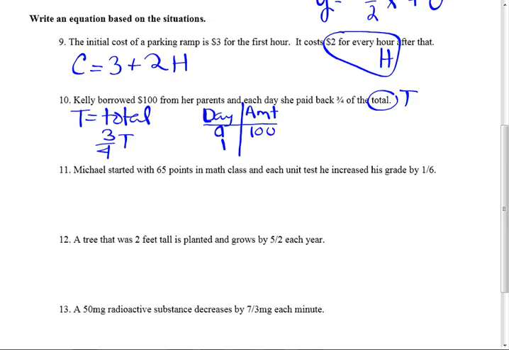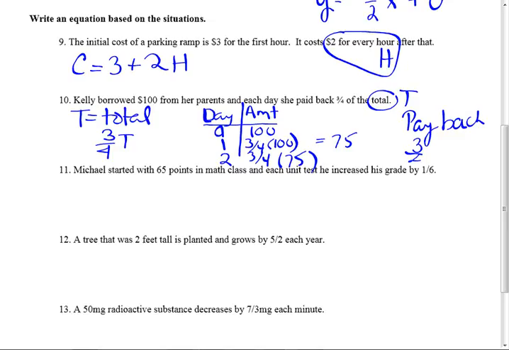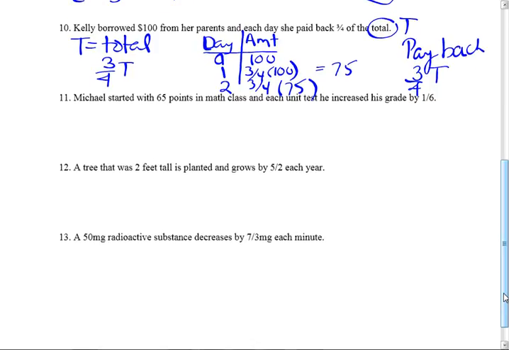Then day 1, she's going to pay back 3/4 of that. What's 3/4 of $100? What's 3/4 of a dollar? Okay, day 2, what's she going to do? 3/4 of the 75. So how about if we just do the payback, because this is not linear. Well, it's 3/4 of whatever she owed. I can only do it recursively. I don't have the tools at this stage to do this.